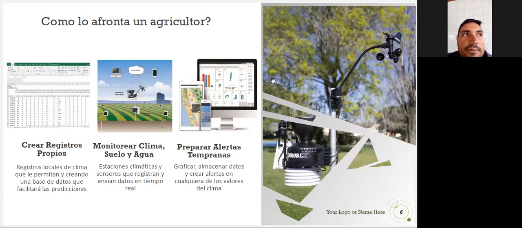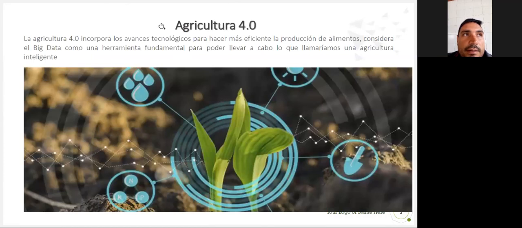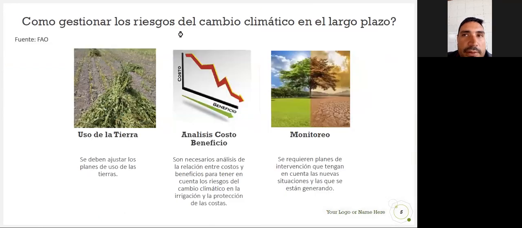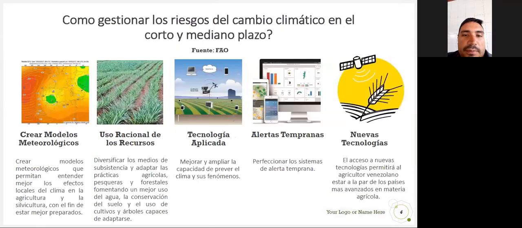How could farmers apply this kind of technology? Well, they need to create or keep weather records. They need to create early warnings about changes in weather situations like precipitation, temperature, humidity, and the next, please.